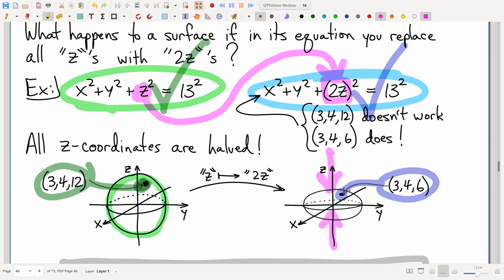Said differently, this surface is what you get when you take the old surface and squish it by a factor of 2. This is a really nice conclusion: a real simple algebraic move, with a nice pithy geometric consequence. Everybody on board?